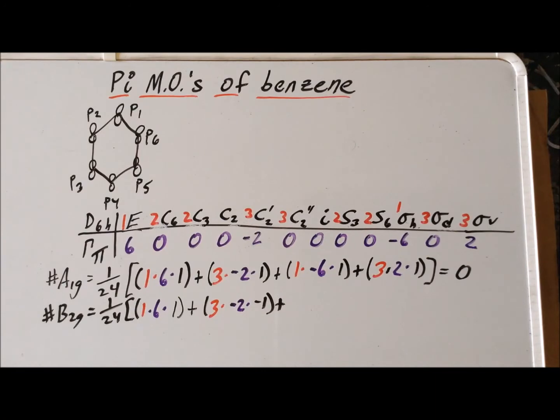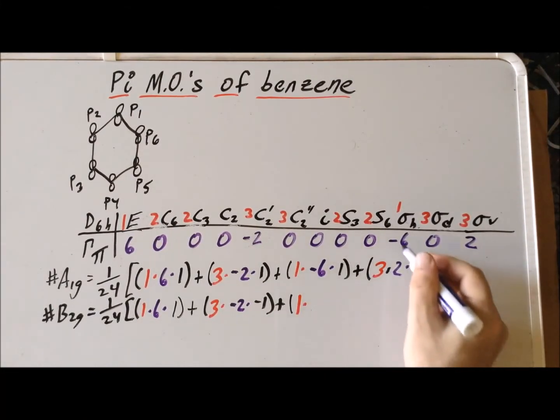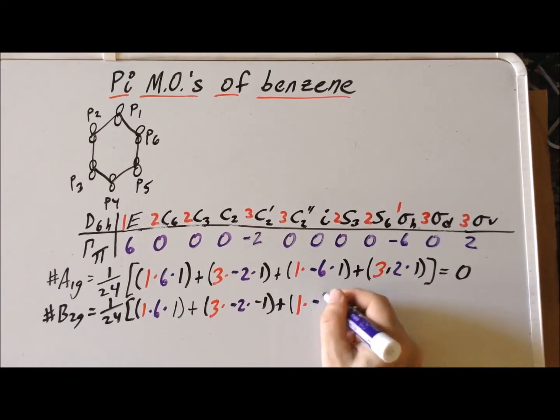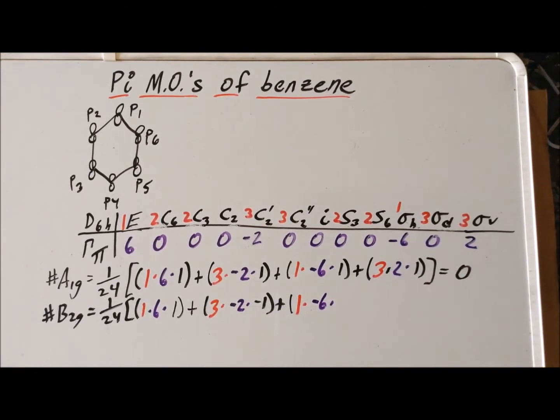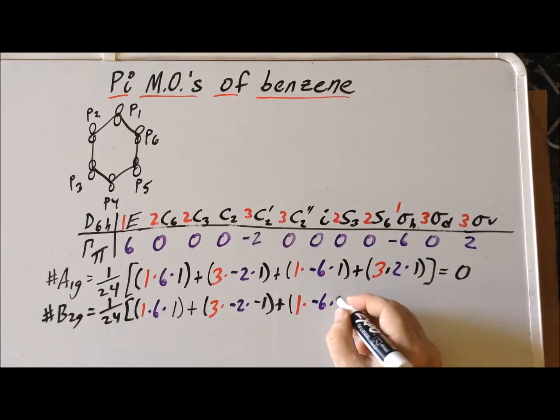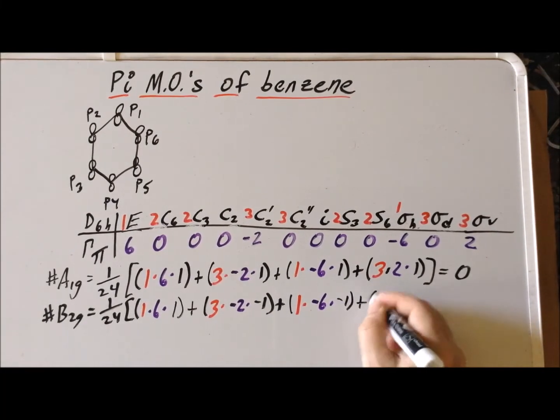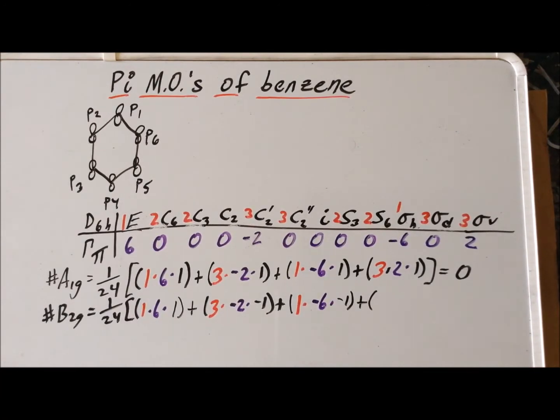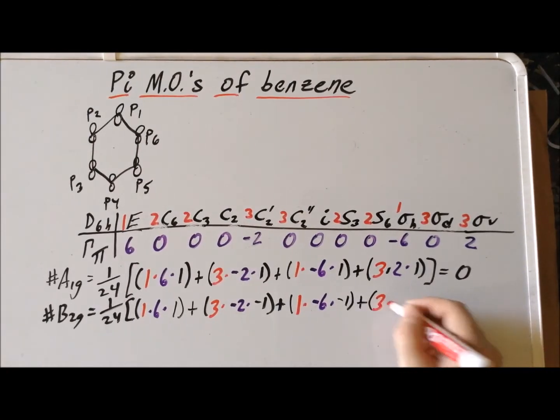Now for sigma H, the number of operations in the class is equal to 1. The character from the reducible representation is a -6. And the character from the character table for B2G is a -1. And then for our last term, sigma V, our vertical mirror, 3 operations in the class.